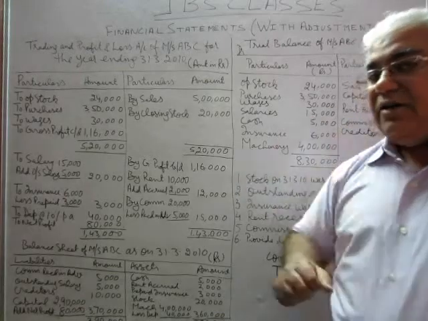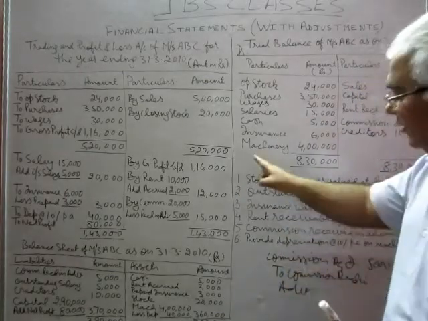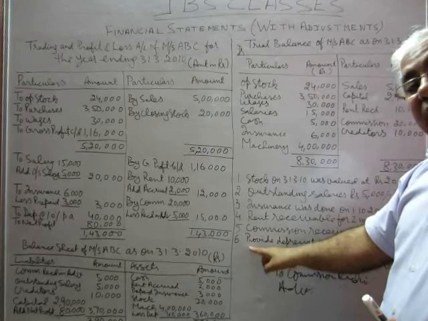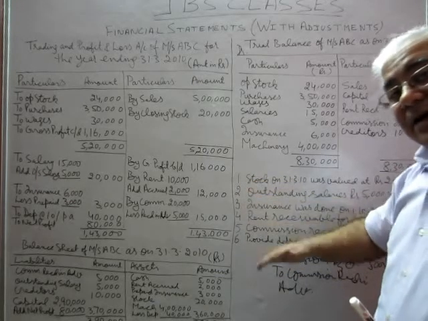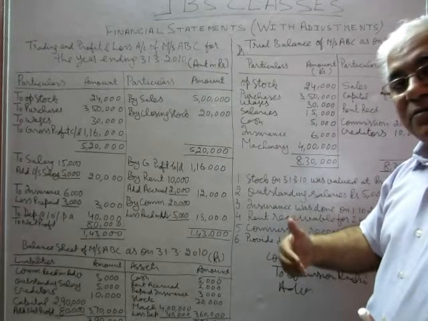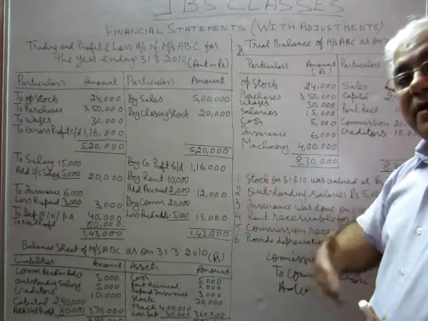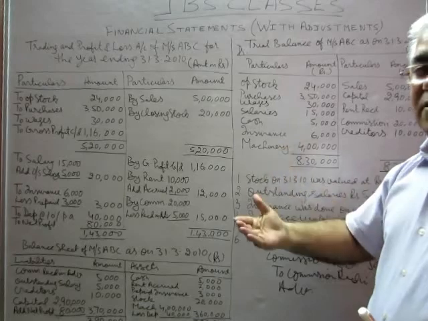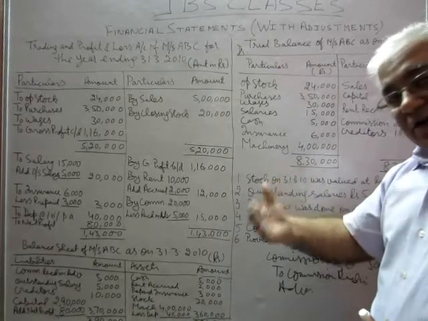Okay, now I will tell you, if after passing all the adjusting entries given to you, a trial balance is again made and provided to you, how to prepare the trading profit and loss account and balance sheet from that.